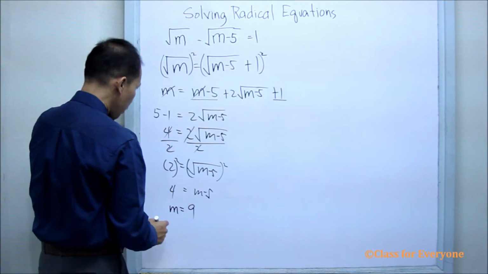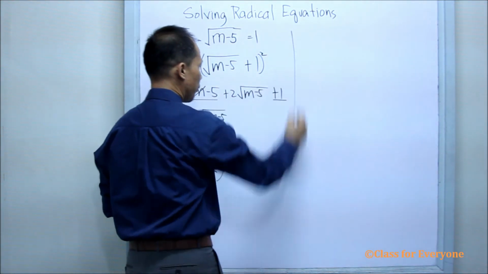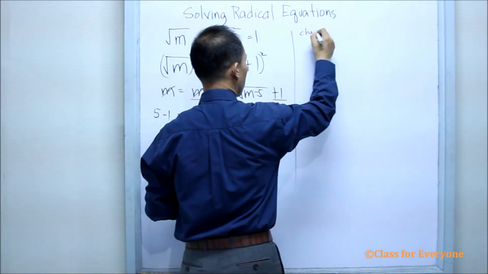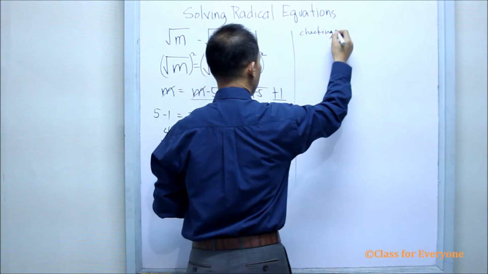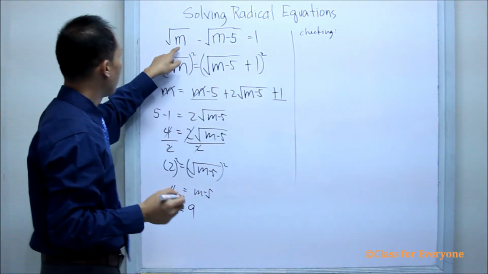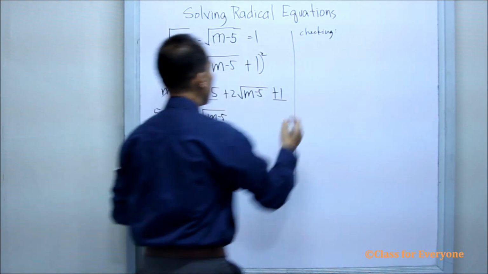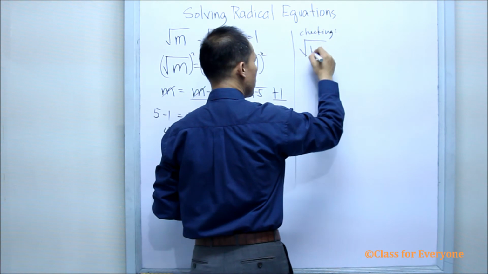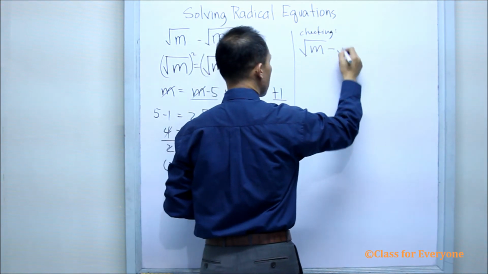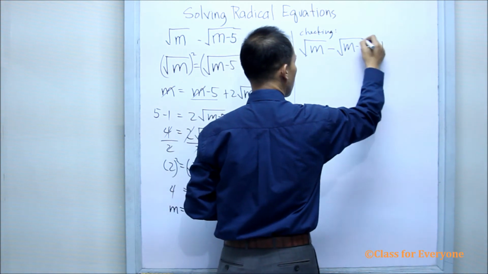Let us check if this satisfies the original equation. Checking. If m is equal to 9, I will substitute the value of m to each of the m's in the radical. So the original equation is square root of m minus the square root of m minus 5 equals 1.